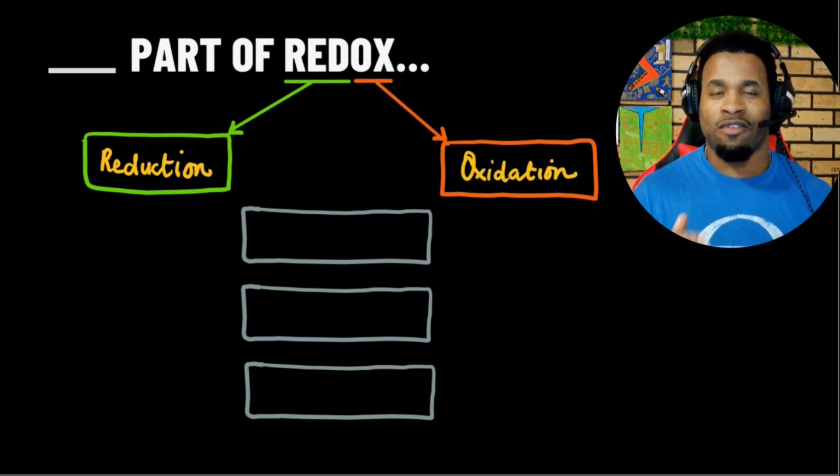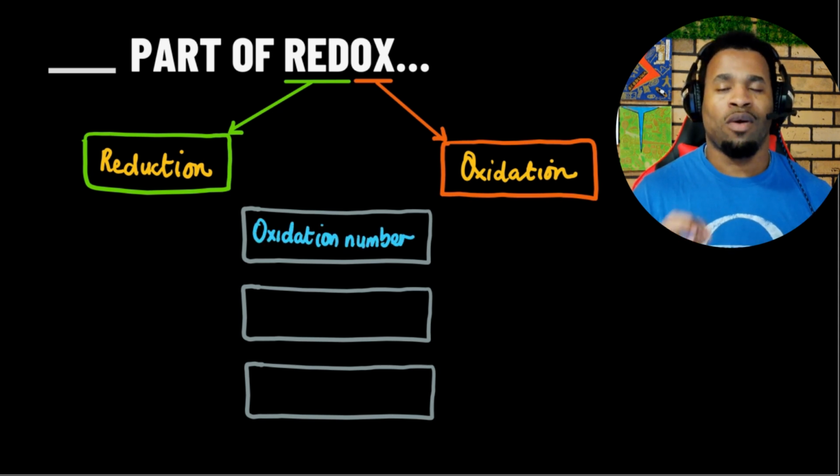Looking at the first of the three things you need to know about these two parts, we look at the oxidation number, and we'll talk about what that means in detail.